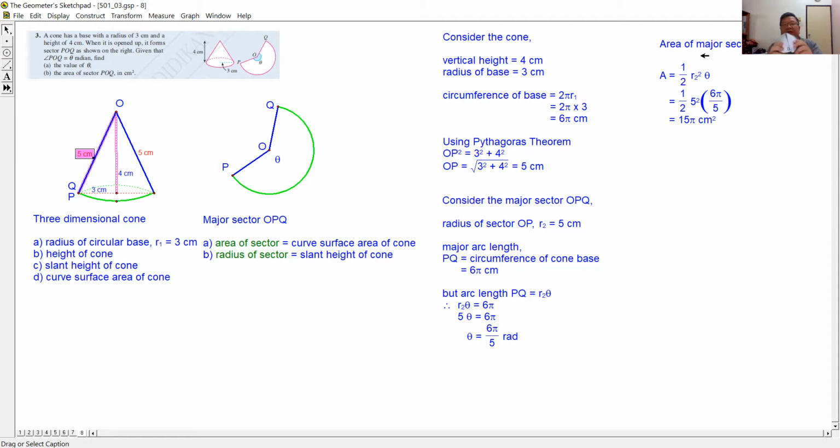So here, the slant height of the cone, the curved surface area of the cone. Do you know what I am talking about in this picture, all the various dimensions of the cone? Okay or not?